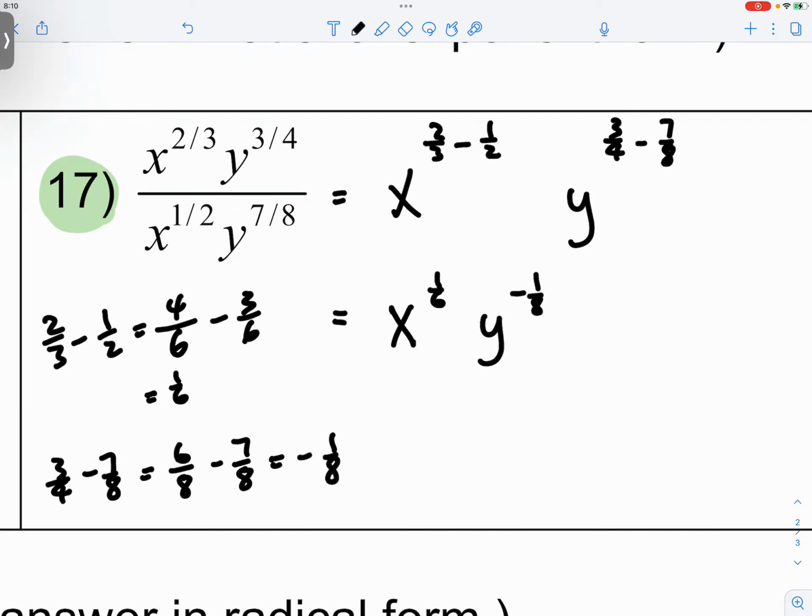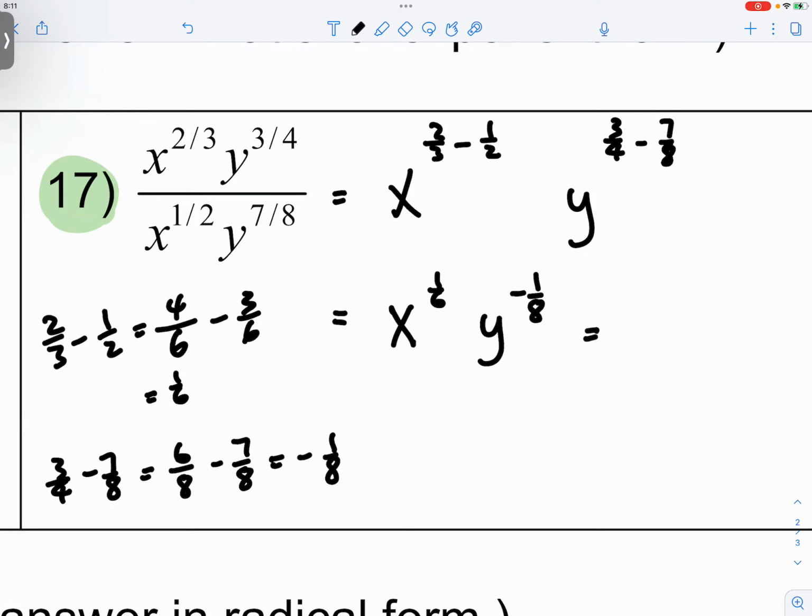Does anyone still remember what you do with the negative exponent? Anybody? Yes. Not the base, but you hit the right word. It's the reciprocal. The whole thing is being reciprocated.